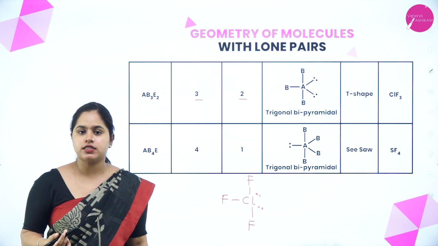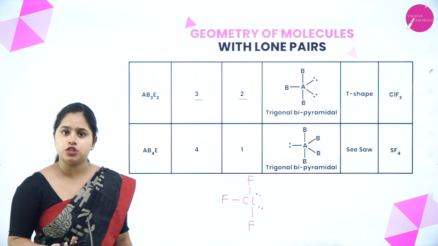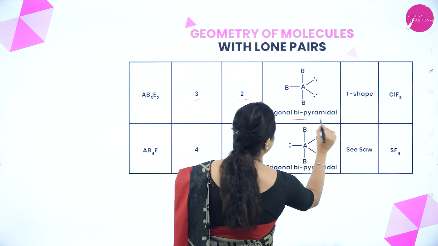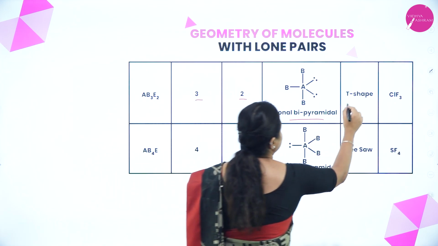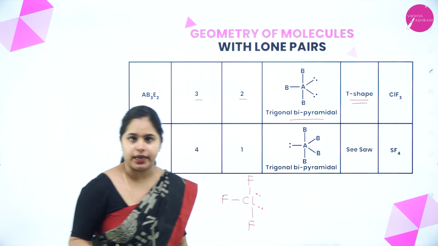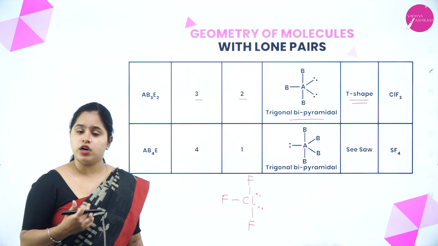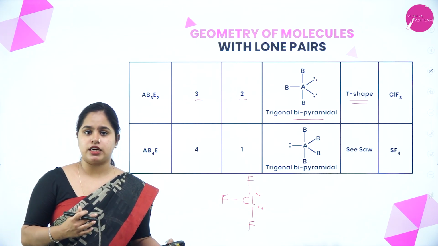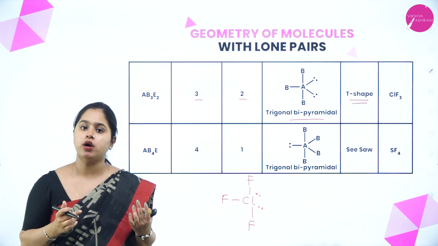So we have already discussed this. When there are 5 electron pairs present, what is supposed to be the geometry? It should be trigonal bipyramidal, right? But the shape now is called T shape. Why? Because of the lone pairs present here. What did we study? The lone pair interactions, bond pair repulsions, and lone pair bond pair repulsions.